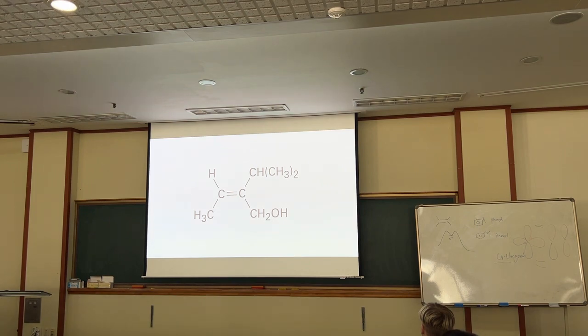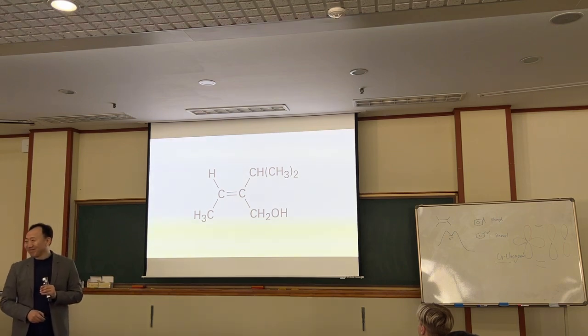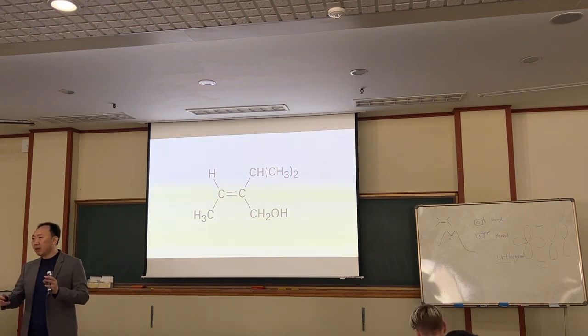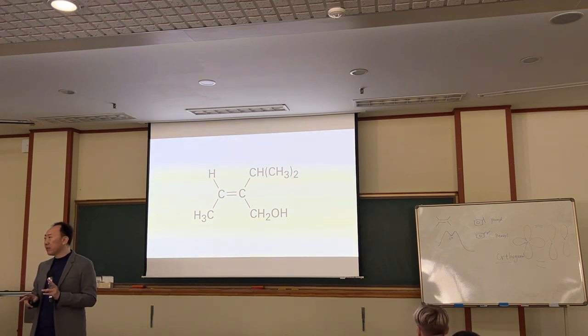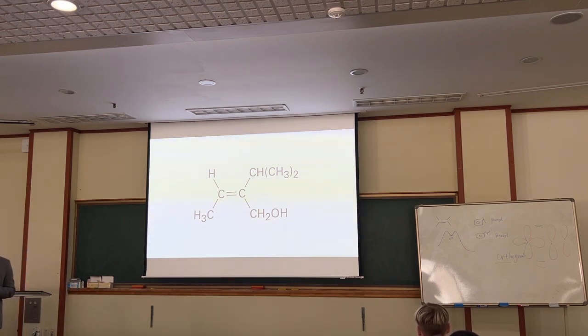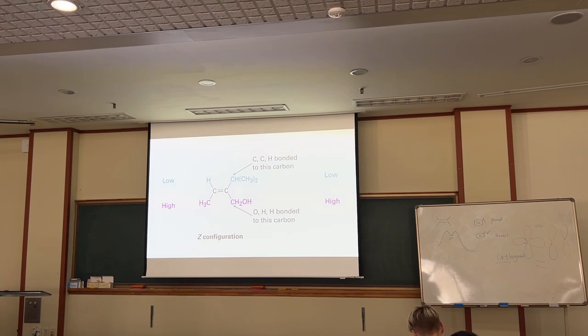This is connected to two carbons. This is connected to one oxygen. Oxygen has a higher atomic number, so one oxygen wins. If it's the same, then you count the number, but if it's higher, then oxygen is higher. Okay? Then higher, E or Z? It's Z, same side. So this is Z.